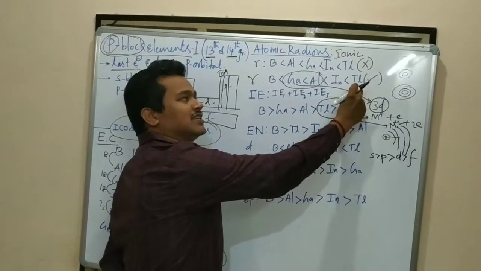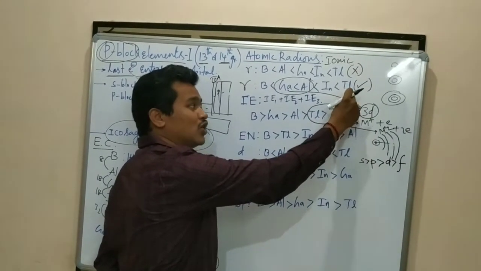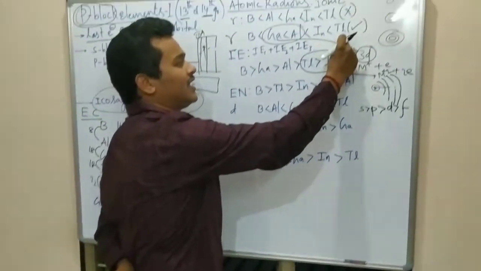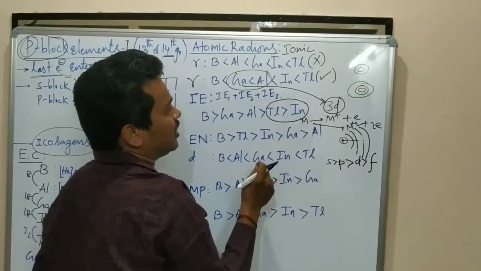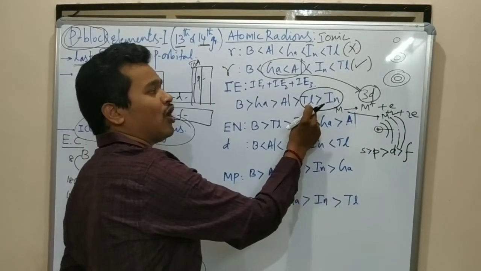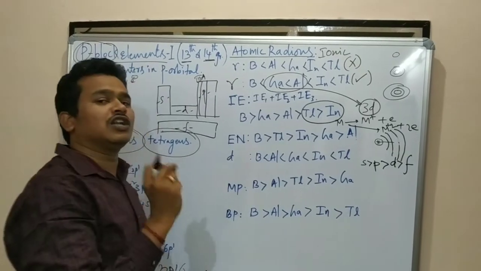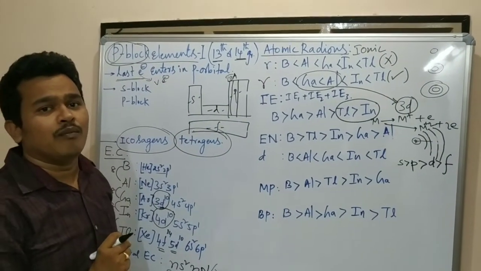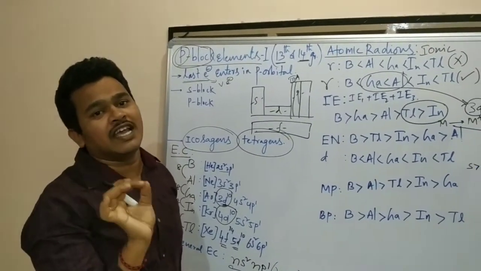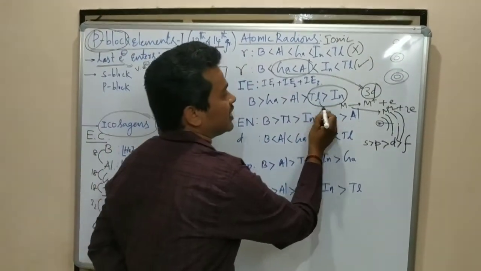Here thallium is larger in size, so it should have less ionization potential. But it is dominating indium and coming in front. This is also because of the poor shielding effect, of which orbital here?